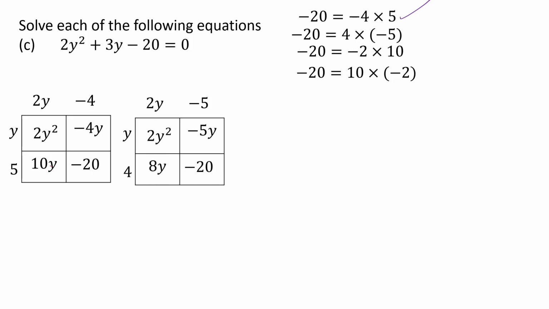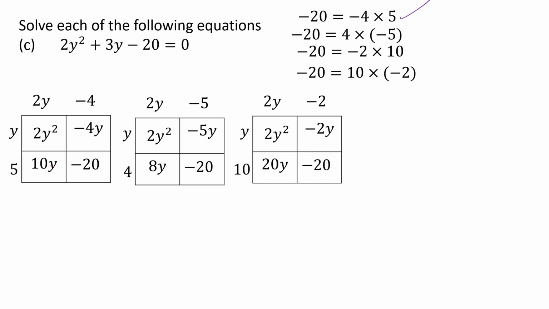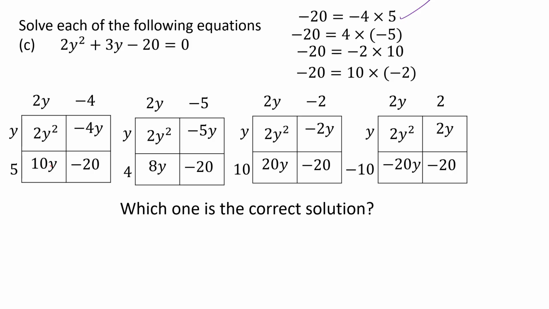So it can also be this arrangement, because 4 times negative 5 will also give you negative 20. It can be this arrangement, 10 times negative 2 will give you negative 20, or this arrangement. So which one is the correct solution? The value of these two terms on the diagonal is important, because that will give us the value for our middle term here.